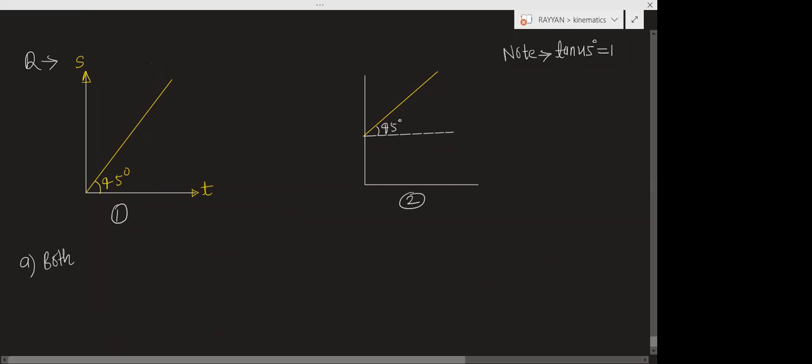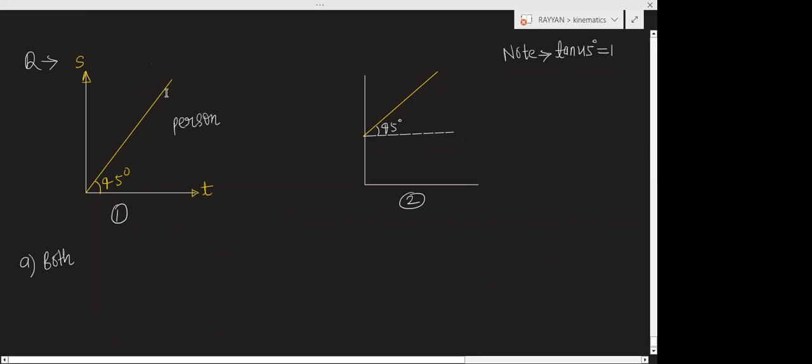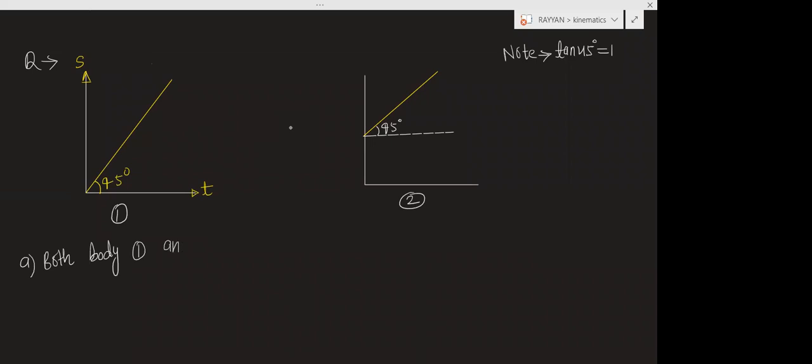This is the graph for the motion of a person, or you can say body 1. This is for body 1, and this is for body 2. Option A: both body 1 and 2 will have the same velocity.